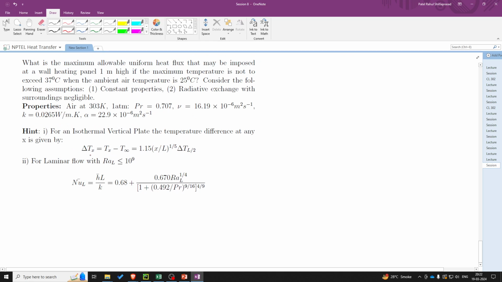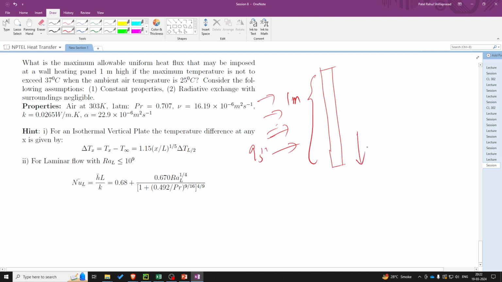So as discussed, if you have to draw the diagram, we have been given this wall, which is basically 1 meter height, and we are imposing a heat flux that is q double dash s, and this is our direction of x, that is for the vertical, right?